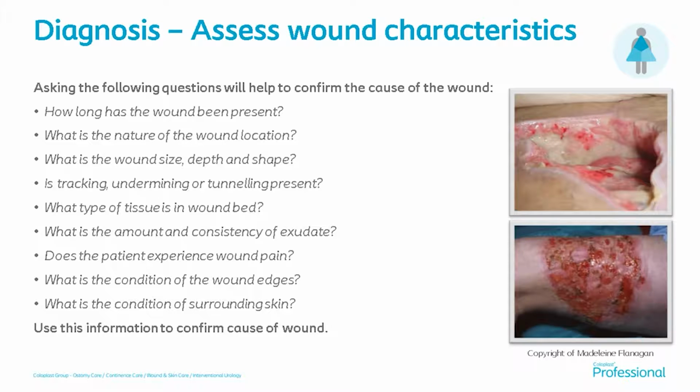And the condition overall of the periwound skin and the whole limb, really. If we're looking, for example, at a lower limb wound, is that dry skin? Is there hyperkeratosis? Have they got lymphoedema or oedema present? So we can really use these tools and questions to identify the causes and confirm the causes of a wound.